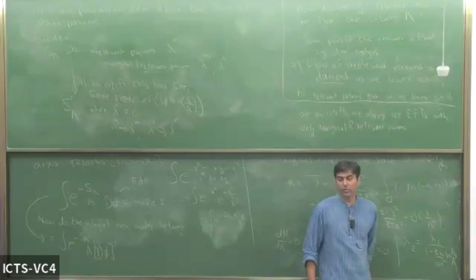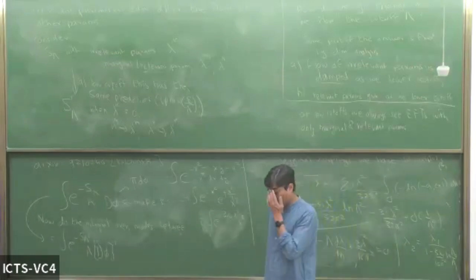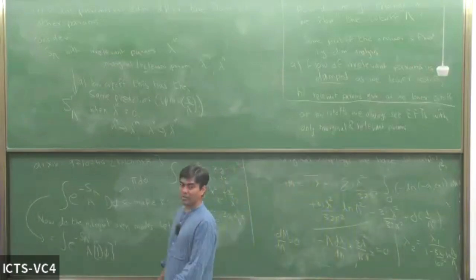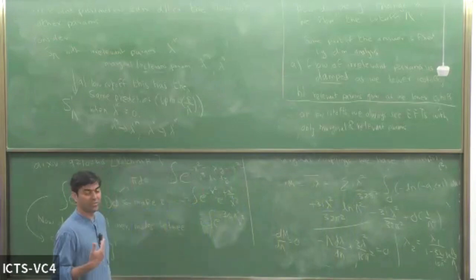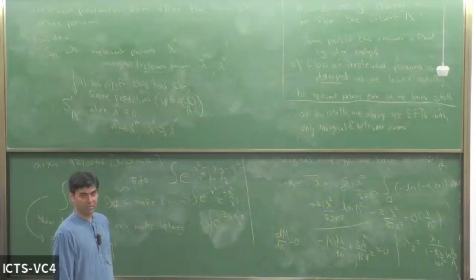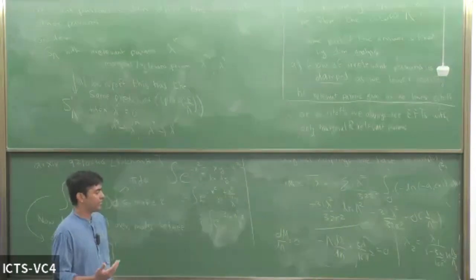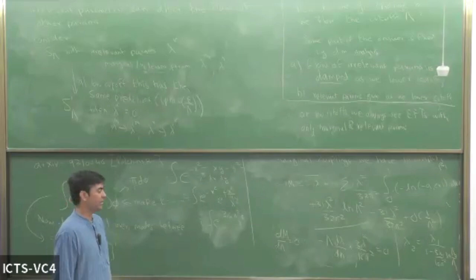Such non-trivial fixed points are rare. It's not easy to find them, at least in 4 dimensions, and you often need various other symmetries to be able to find these examples. But in principle, yes, you could find these things.